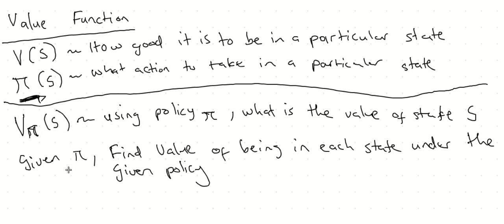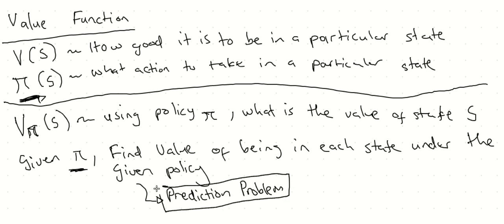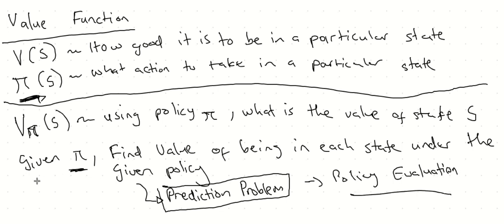So we are going to assume right now that we're given pi and we're trying to find the value of being in each state, and this is what we call the prediction problem, also known as policy evaluation, which is the main subject of this lecture, actually.